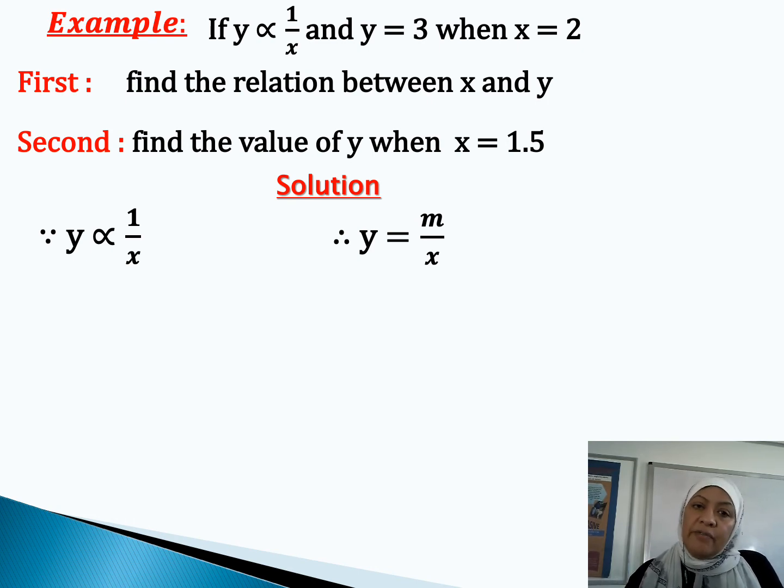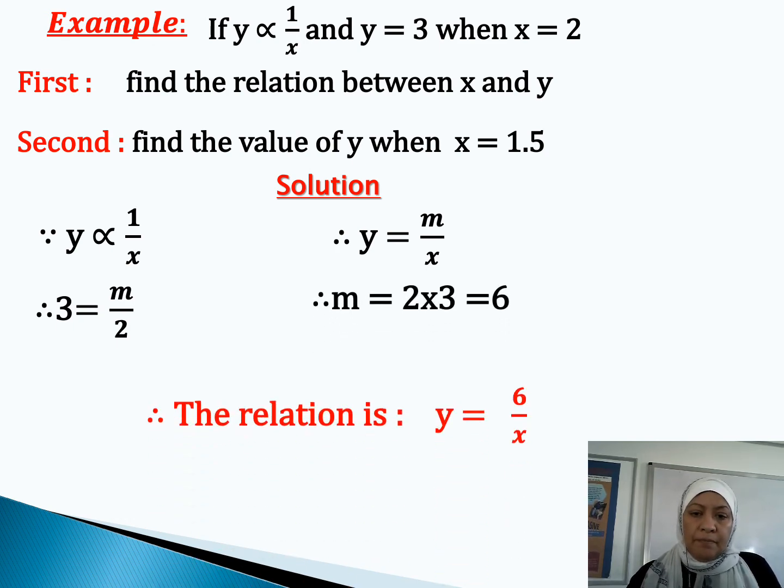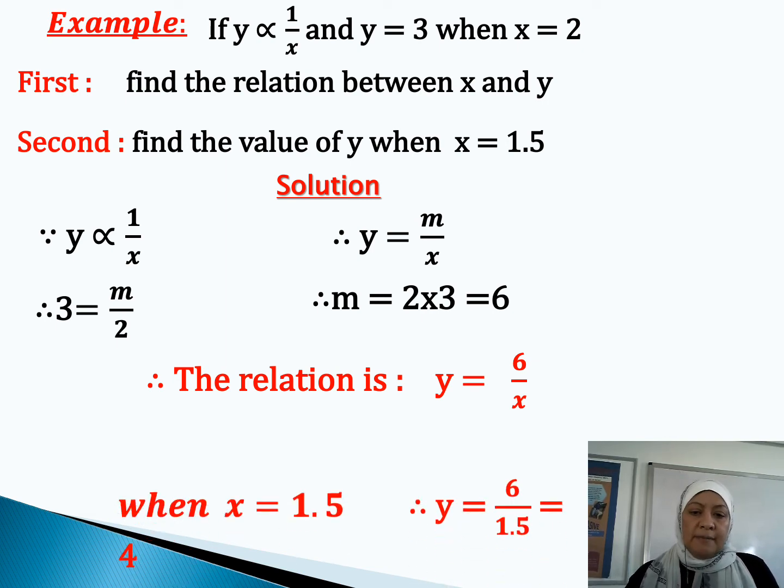In the inverse variation, the relation is y equals M over x. Start to solve, and I have the value of y is 3, the value of x is 2. Now cross multiplication, M equals 6. The relation: y equals, remove M and put the value of M, 6. So my relation is y equals 6 over x.